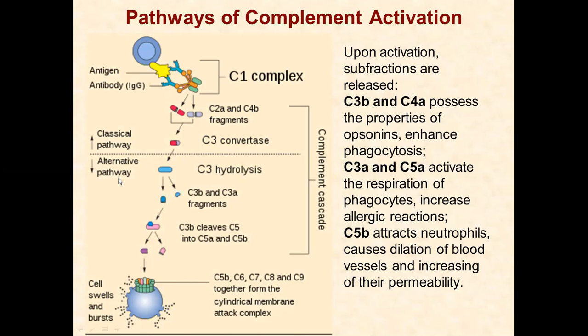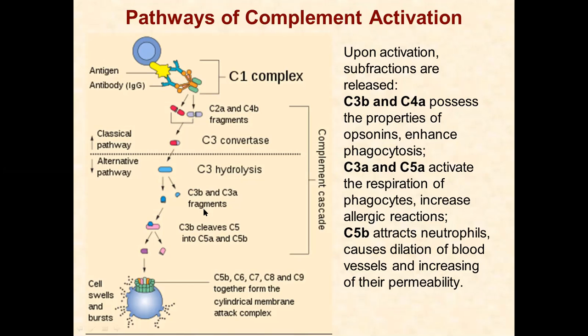the classical and alternative pathways. The alternative pathway is possible only in infection caused by gram-negative bacteria, but it doesn't require the participation of antibodies, so it's possible in a non-immune organism. And it's a bit shorter, it starts with the C3 component.